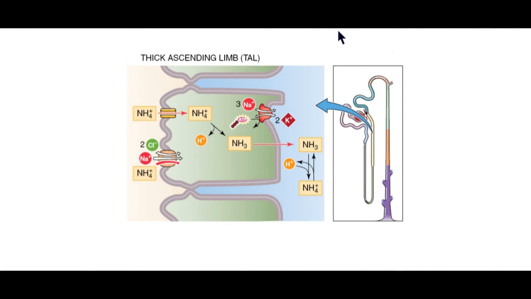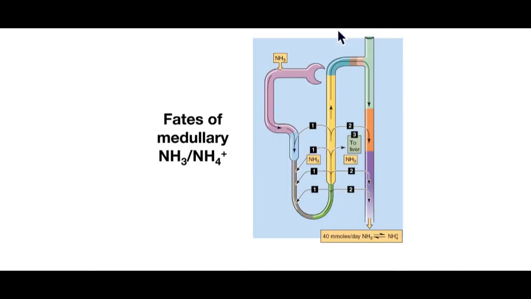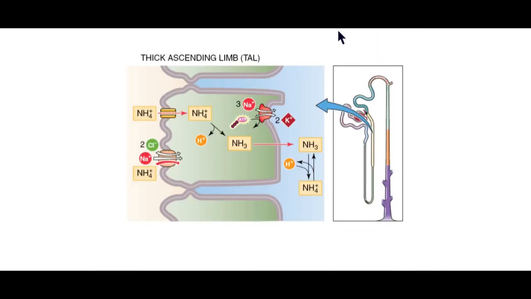Thick ascending limb, turns out, ammonium is also very selfish and is able to be taken up by occupying the potassium site on the sodium potassium 2-chloride cotransporter. So in the thick ascending limb, we actually have reabsorption. We are sending it back into the interstitial space.